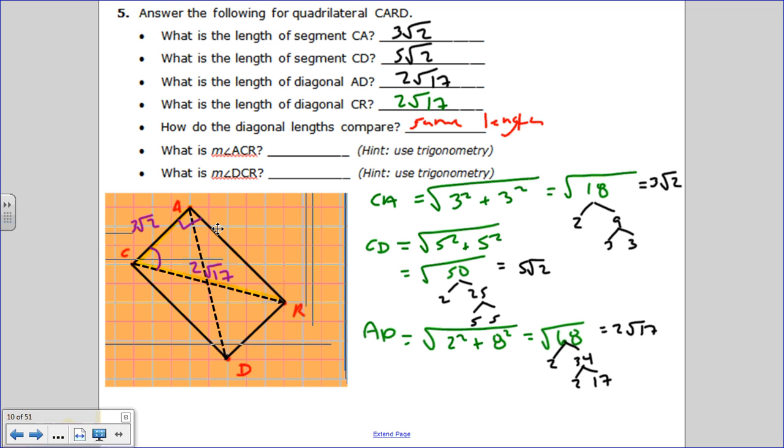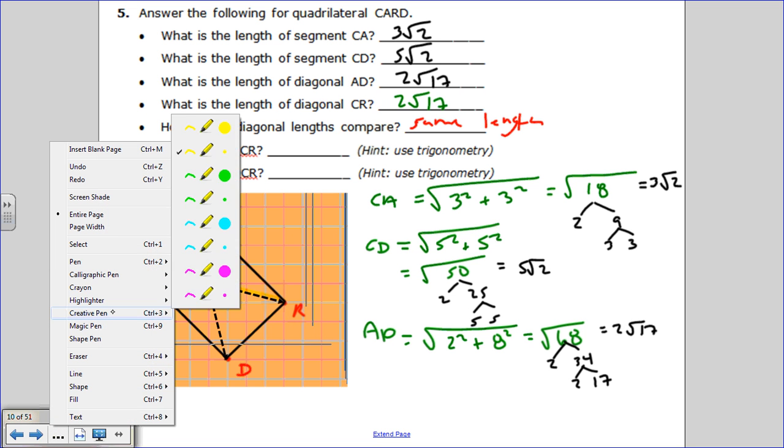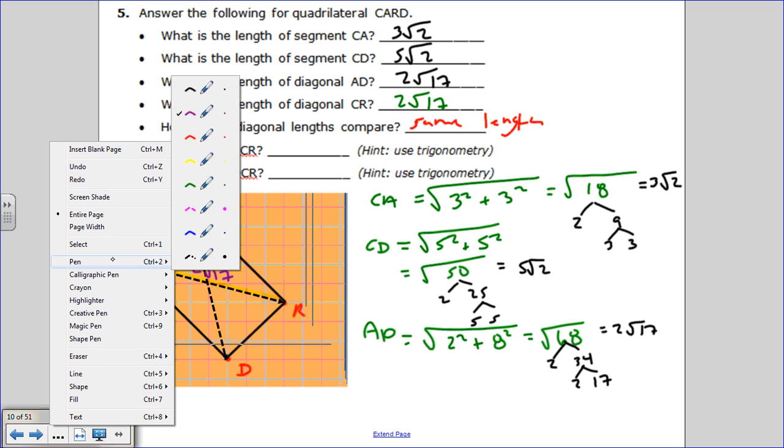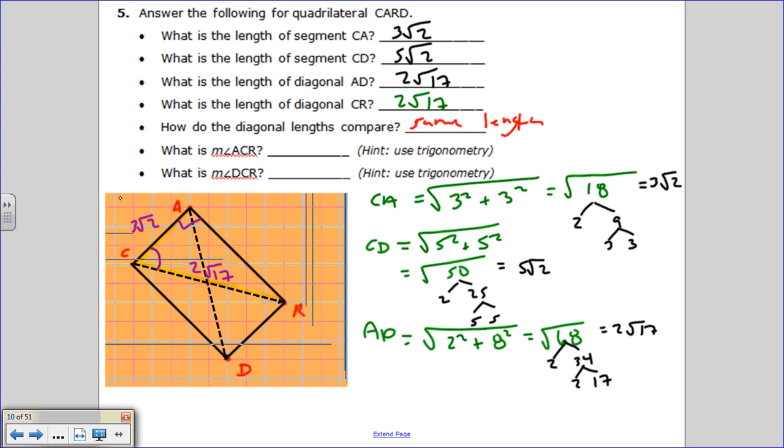So we have to use trigonometry to find the angle. When I look at the respective angle, I have the adjacent side and I have the hypotenuse. So I can use cosine. So it would be cosine of the angle.